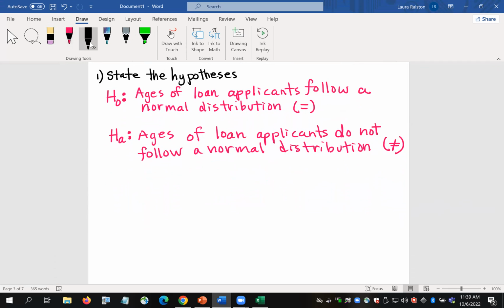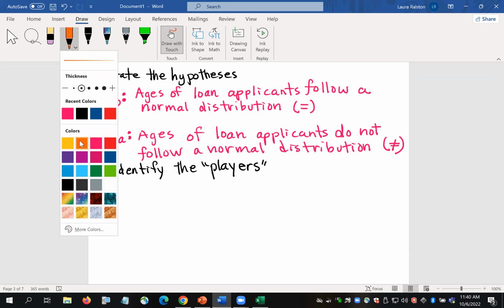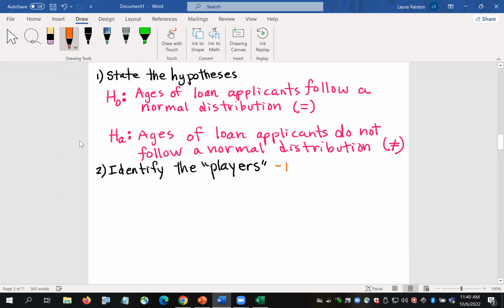Now, I can go through it again. Step 2 is to identify the players. Identify the information that you've been given in the problem. And again, for the normality test, what you're going to be given is the raw data.